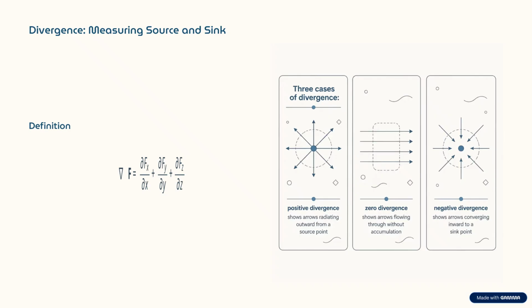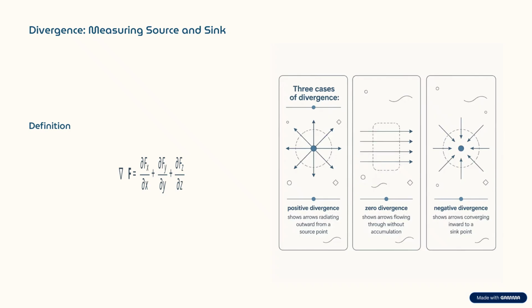Next we are going to see divergence. Divergence is denoted by del dot f vector. F vector is a vector quantity. This del is the del operator operated on f vector.